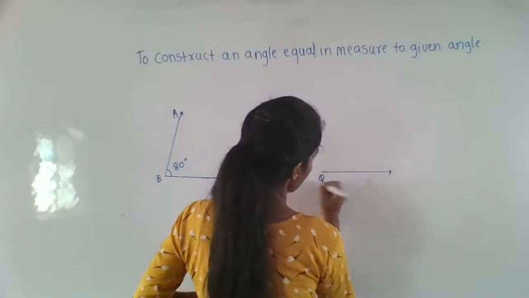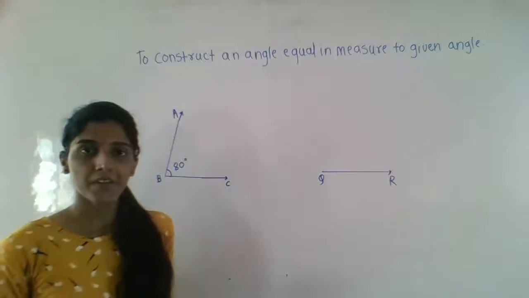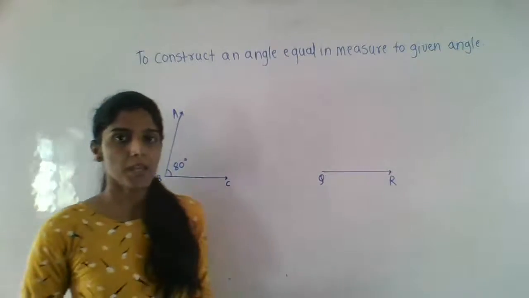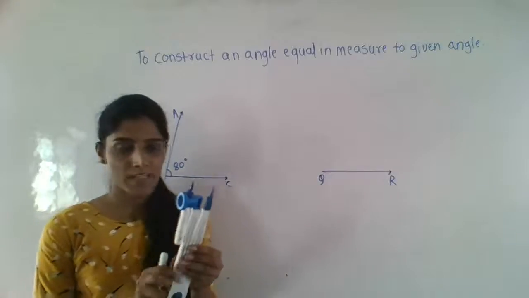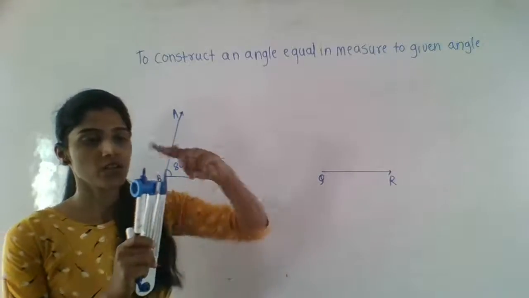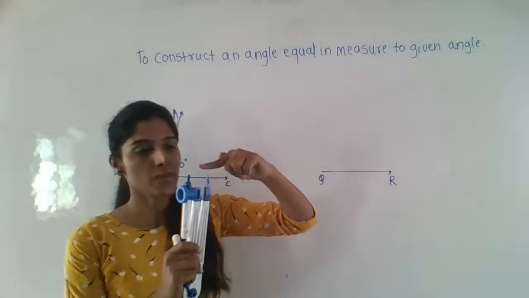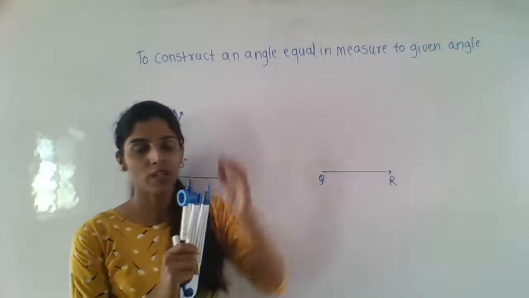It is ray QR. Now let's see the first step for drawing an angle equal in measure to ABC. Take your compass and fix your pen or pencil in it. The point of your pencil and the point of your compass must be at equal level.